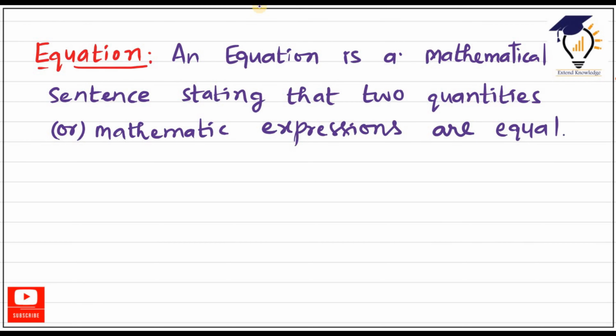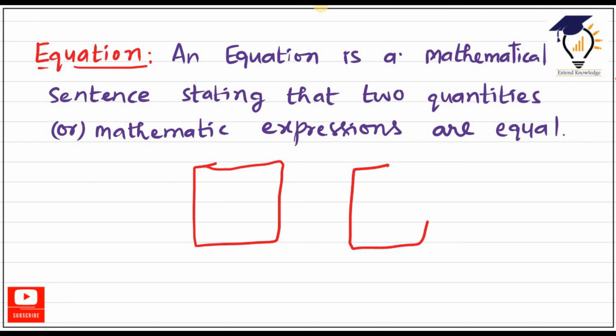What it simply says is that if two quantities or two mathematical expressions are equal, then it is called an equation. Suppose I take two blocks, this is one block and this is one block.